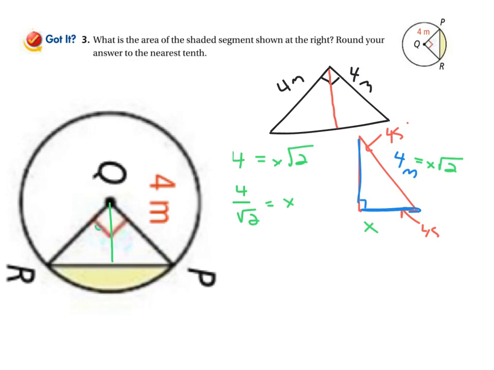So this equals 4 divided by root 2. That's going to be the altitude, or the height of the triangle. And since it's a 45, 45, 90, this portion right here is the same amount, 4 divided by root 2. Since the whole thing is twice that much, this whole base right here is 8 divided by root 2.